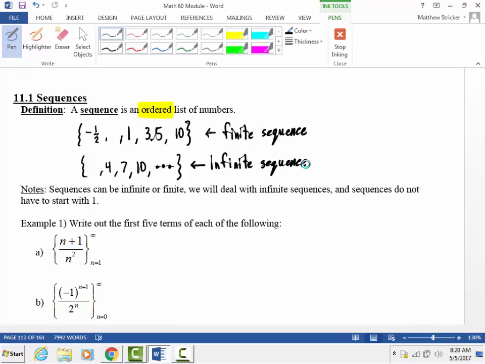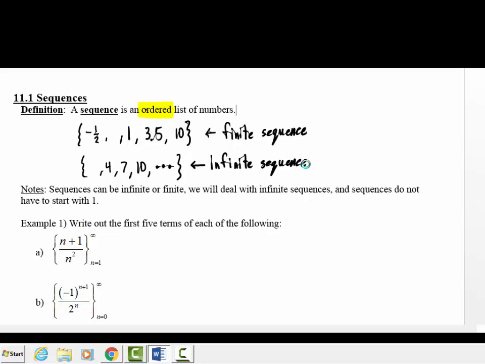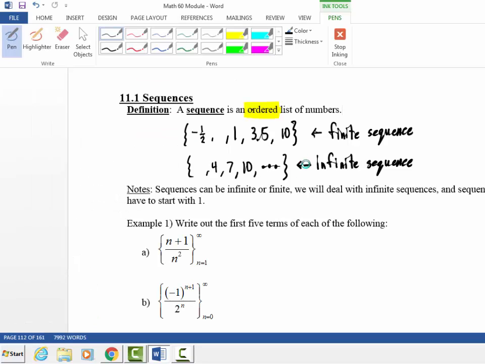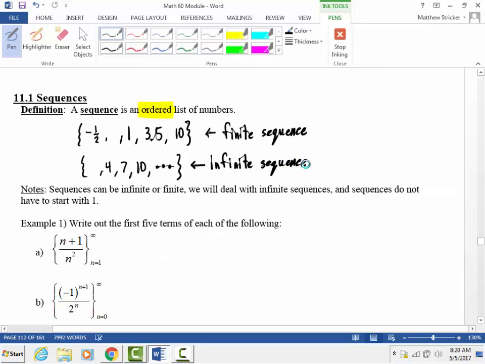Do something real quick. See if this helps. All right, any questions so far? How many terms are in the first sequence, the finite sequence? There are 4 terms. There's some set number of terms.